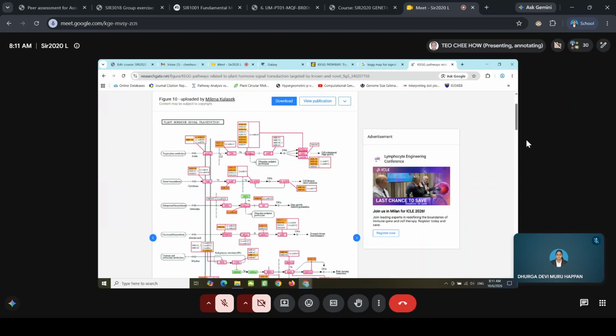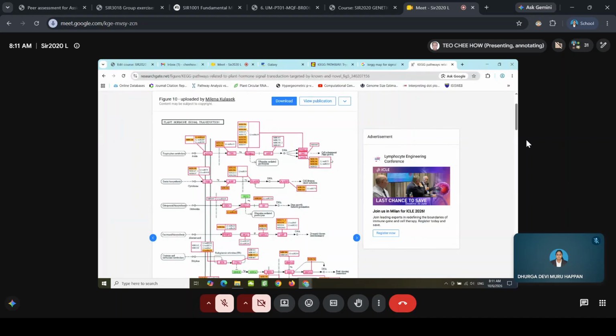So for example, in here, you see that tryptophan metabolism will trigger the auxin here, right? And then auxin will lead to the up regulation of AUX1, subsequently to up regulation of TIR1 and others.